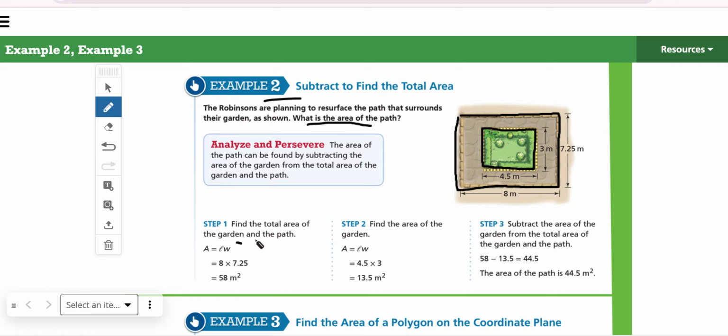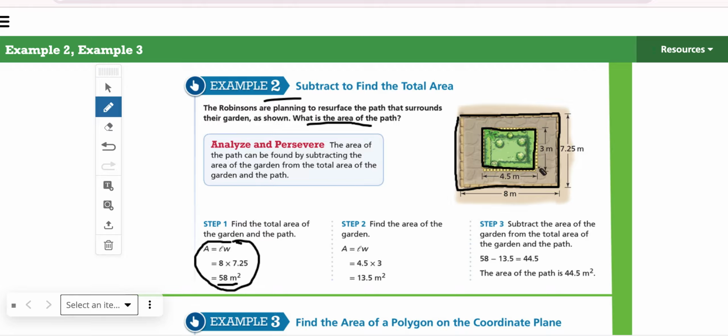So here's the area of the big rectangle. So remember, it's length times width. The length is 8, that's this 8 over here, and the width is 7.5, which is this one here on the top, and then that gives you 58 meters square. Now we're going to do the little rectangle. So the little rectangle, the green part, is length times width. The length is 4.5.